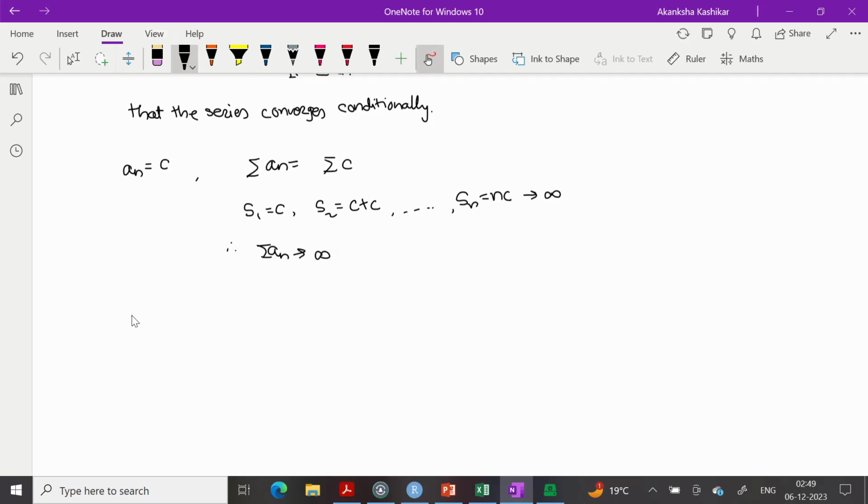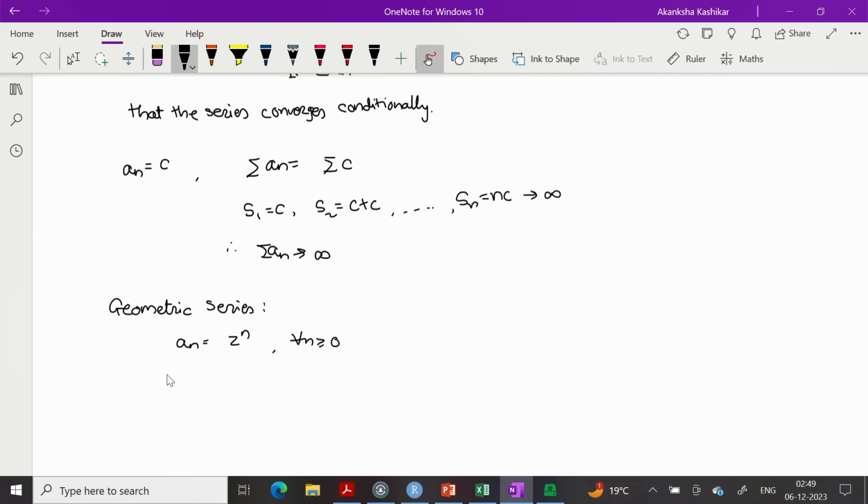Let me consider another example which is probably known to most of you, a geometric series. You may not have used the word geometric series, but you have seen geometric progression definitely. So suppose we define a_n as z raised to n for every n greater than or equal to 0.